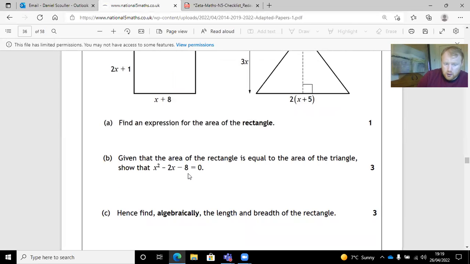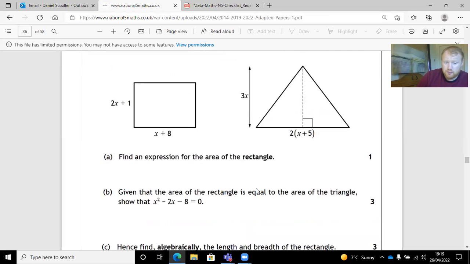Okay, now this is where it gets a wee bit trickier. So given that the area of the rectangle, so that expression that we've just found, okay, is equal to the area of the triangle, show that, and then it gives us a quadratic. Okay, so what it wants us to do is the area, the expression that we've just found, the area of the rectangle, we equal that to a new expression that we come up with for the area of that triangle.